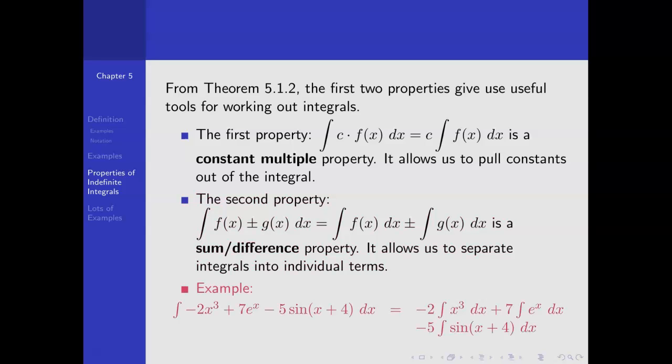And then our example here at the end, we have the integral of negative 2x cubed plus 7e to the x, minus 5 sine of x plus 4 dx, which we can separate into negative 2 times the integral of x cubed dx, plus 7 times the integral of e to the x dx, minus 5 times the integral of sine of x plus 4 dx. And then we can apply the other rules in theorem 5.1.2 in order to find antiderivatives of those individual terms.